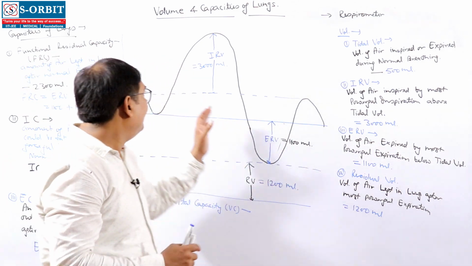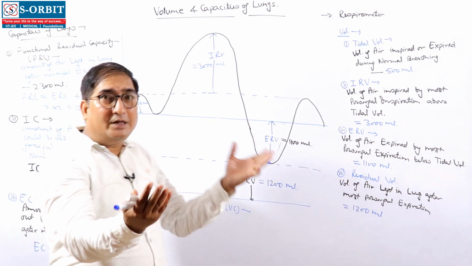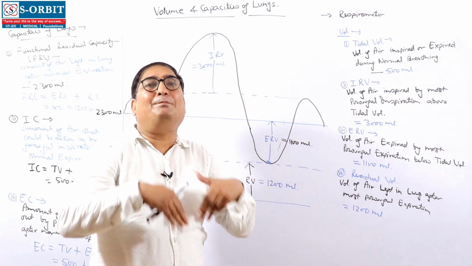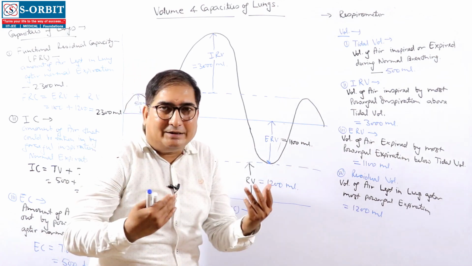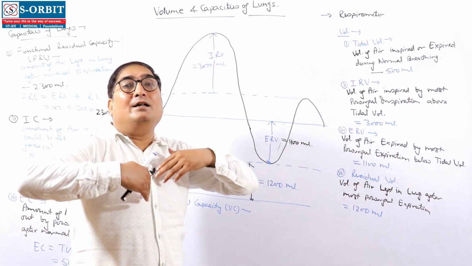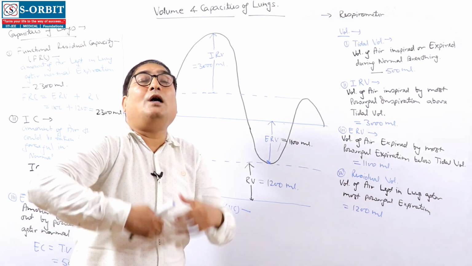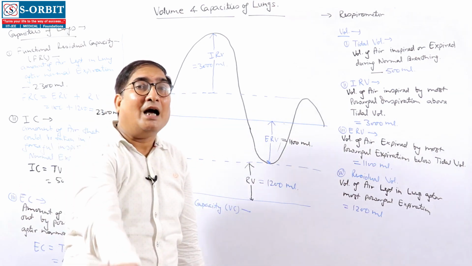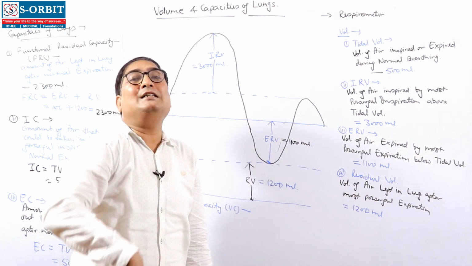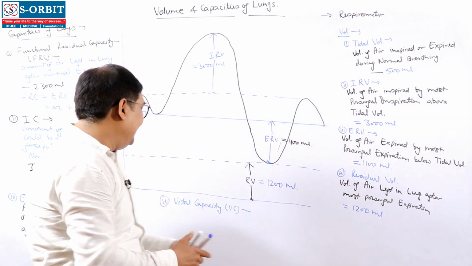Let me clear it. First we inspire the air by most powerful inspiration, then after that we expire forcefully. So the amount of air that can be expelled out forcefully after powerful inspiration is the vital capacity.